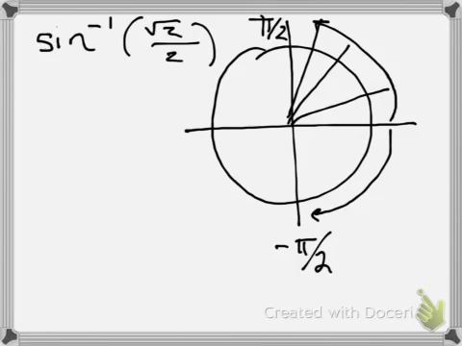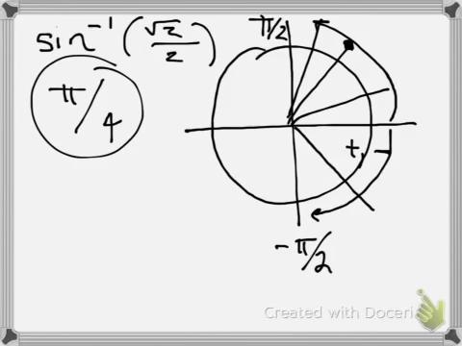So here we would have the y value of square root of 2 over 2. And here we would have the y value, but in this quadrant the y value is negative. So we're only looking at the one in the first quadrant, so it would be at 45 degrees, which is pi over 4. So that's the kind of answer that we're looking at for something like that.